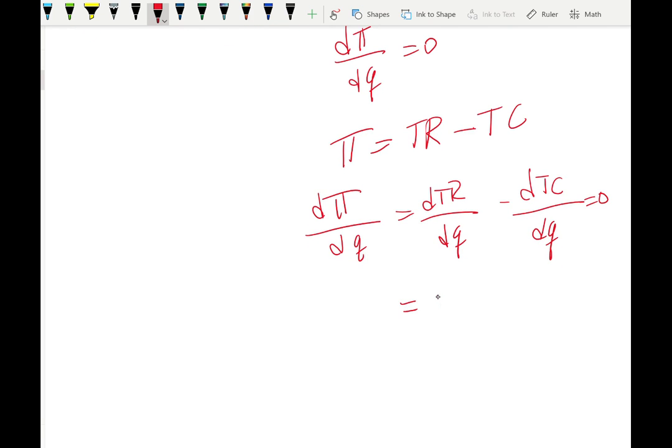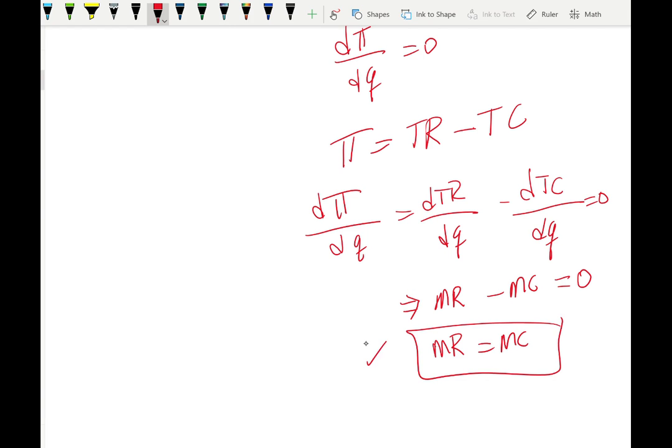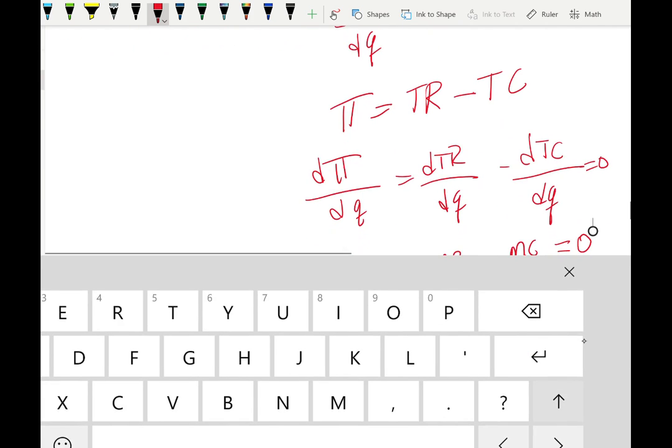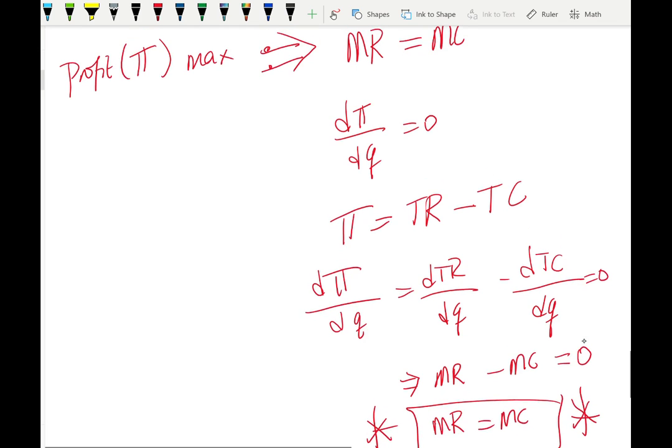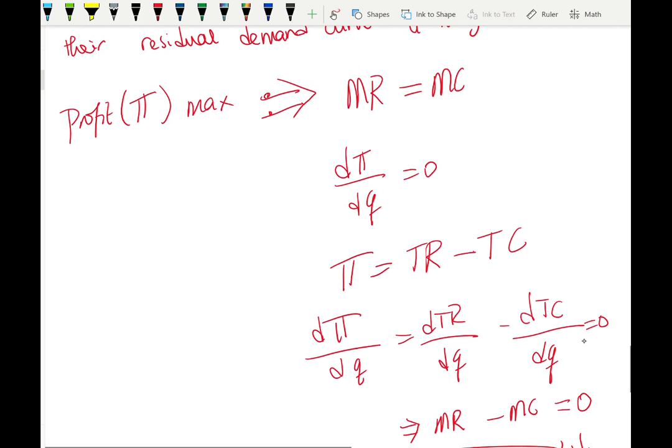So marginal revenue, the derivative of total revenue, minus marginal cost, the derivative of total cost, is set equal to 0. So marginal revenue is equal to marginal cost. You should have seen how we derive these in previous videos. If you haven't, feel free to go back and look.